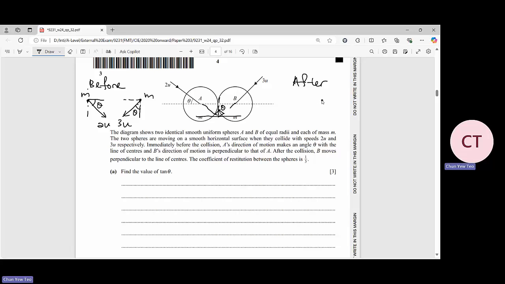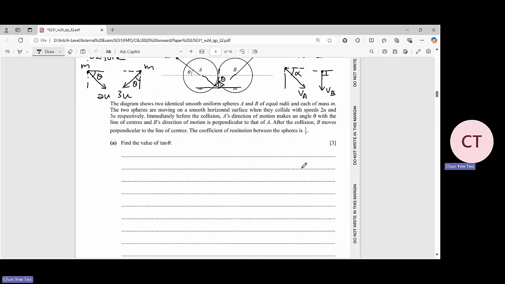And after the collision, the question mentioned that VB goes perpendicular. And for A, I will assume A is going this way with the angle alpha. Okay, so bear in mind that this is an assumption. Then VB is already explained in the question that it goes perpendicular to the line of centers. So VB is confirmed, but VA, the angle, we do not confirm yet.